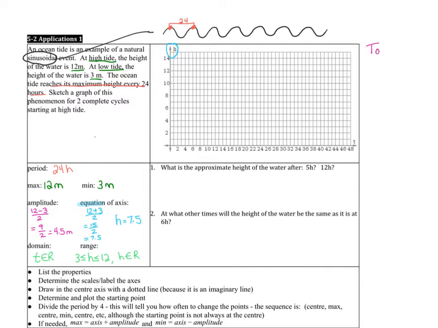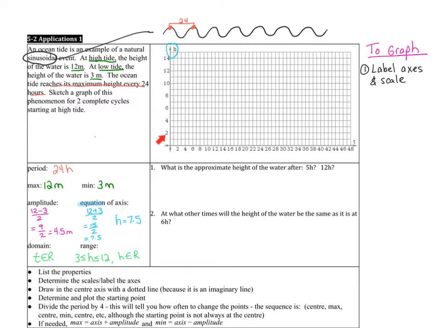So, in order to graph, these are the steps that you would want to take. First thing that I would have you do is to label the axes and the scale. Now, in this case, the scale's already been labeled for you. Sometimes it isn't.